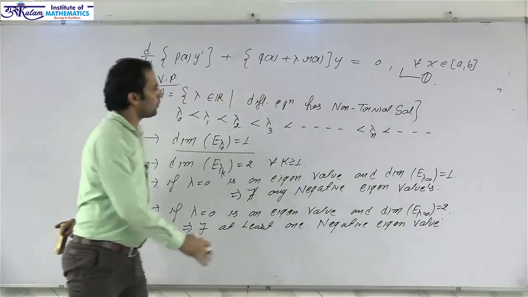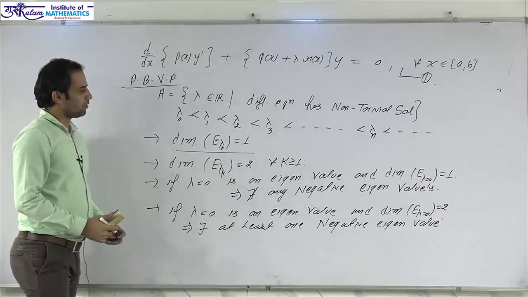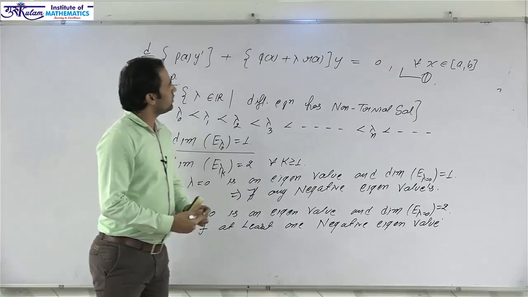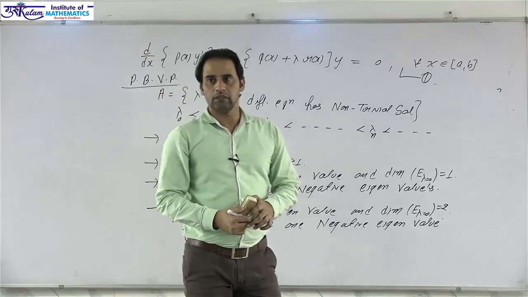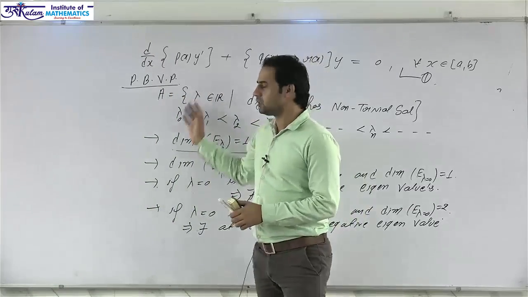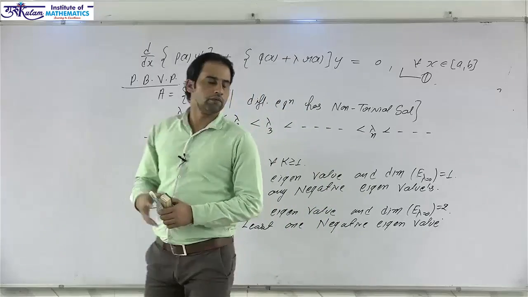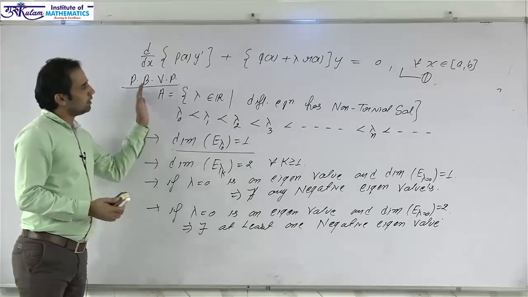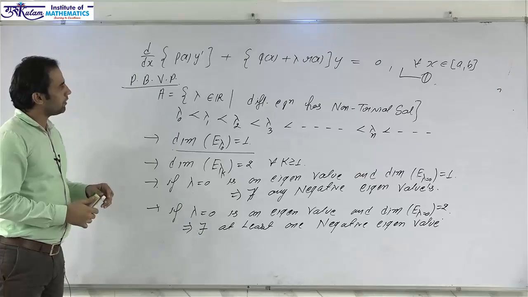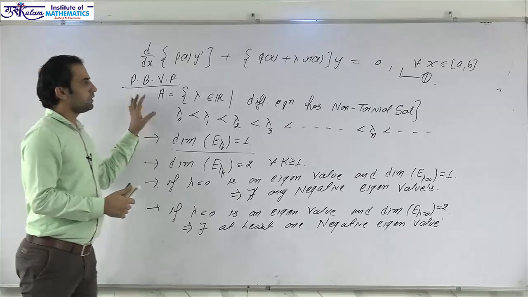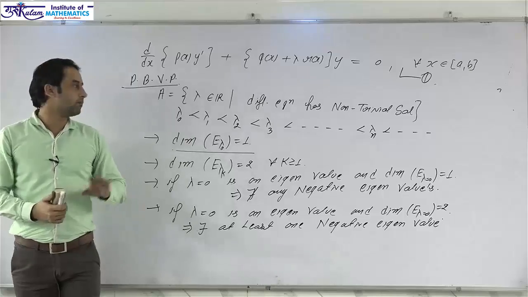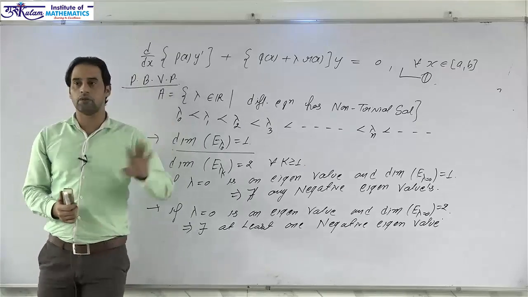So these are 4 properties for periodic boundary value problem. Based on all these properties, we can easily solve theoretical questions, and further we will go for questions based on these regular boundary value problems and periodic boundary value problems.